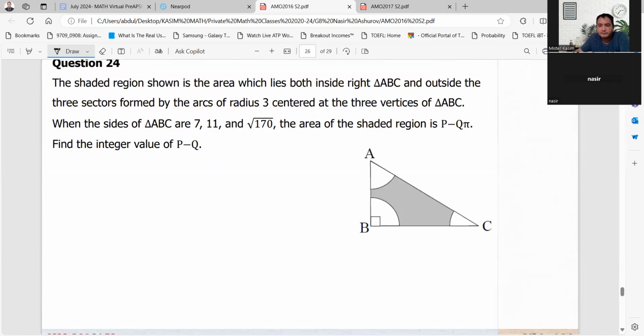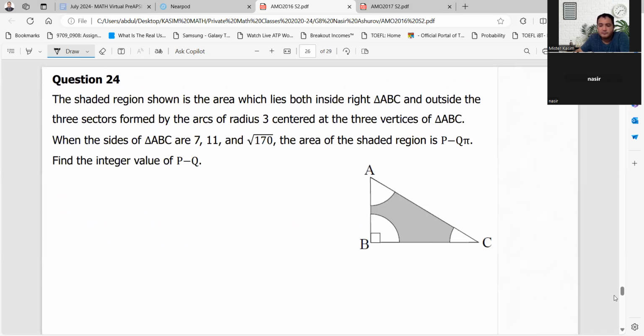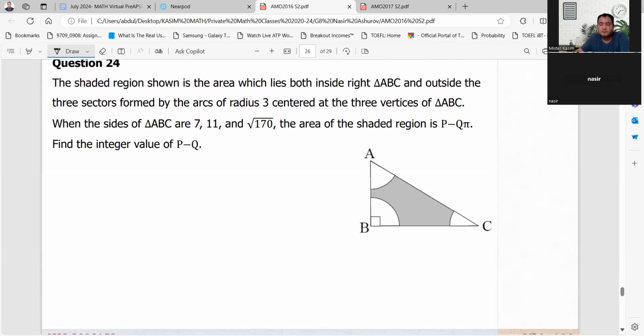The shaded region shown is the area which lies both inside right triangle ABC and outside 3 sectors formed by the arcs of radius 3 centered at the 3 vertices of ABC, whose sides are 7, 11, and square root of 170.